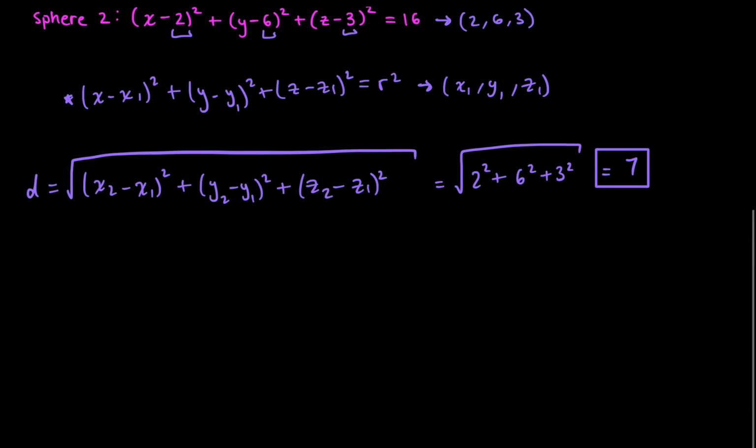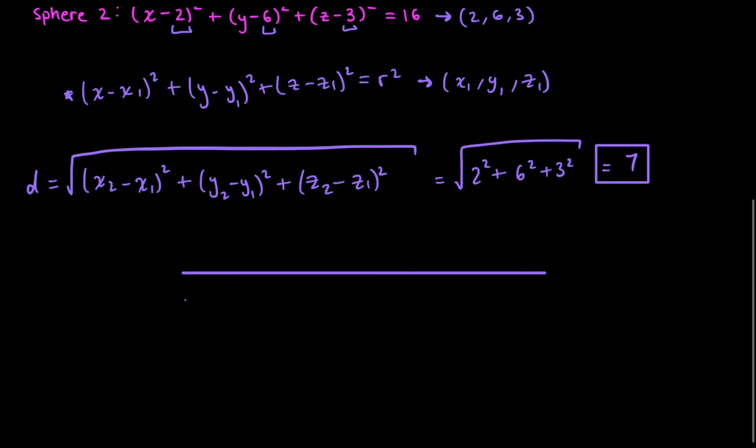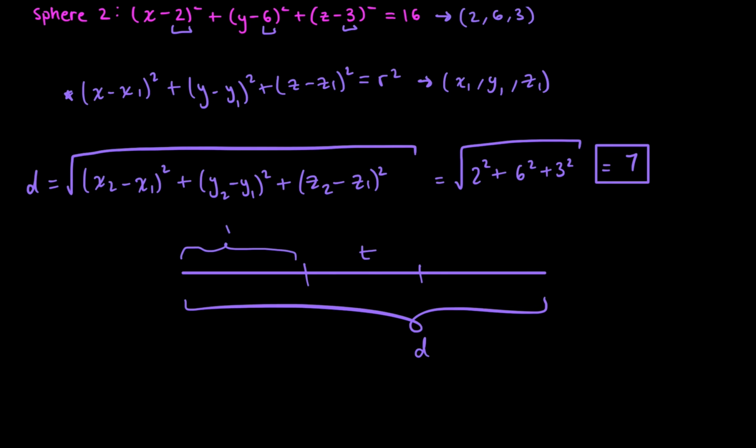So let me draw that line down here. Same line that I drew up there, but just to see it more clearly. This whole thing is the distance, d. And I'm just trying to find this little piece over here. Let's call it t. And this distance over here is going to be r1, and this distance over here is r2.